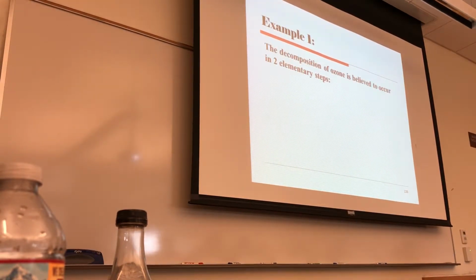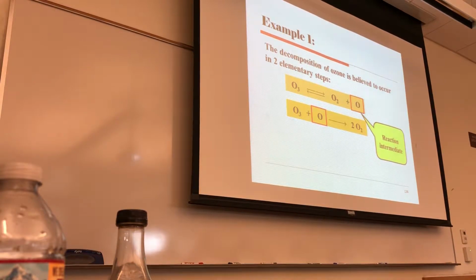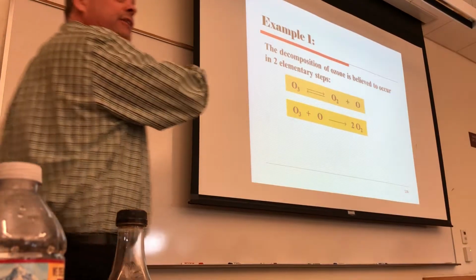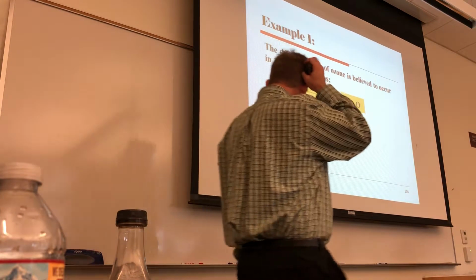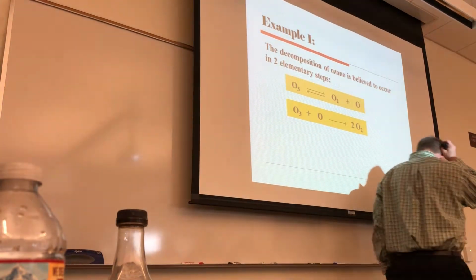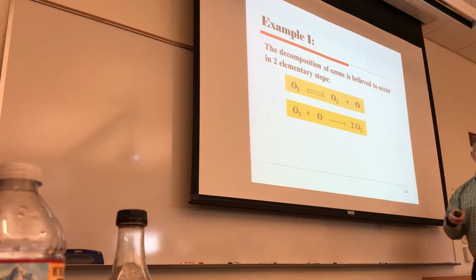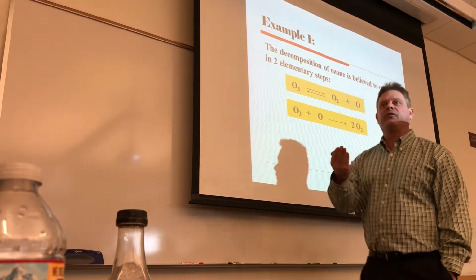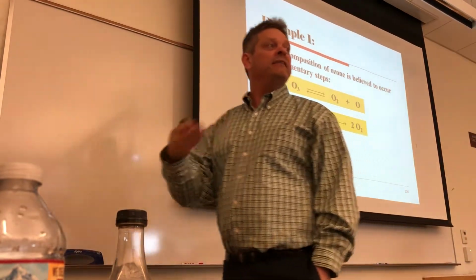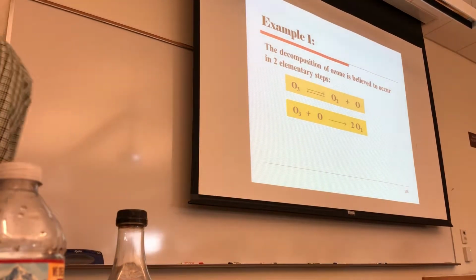So the decomposition of O3 is thought to occur in 2 steps. Oops, okay. So we didn't do this example? No. Okay. So this is an interesting example because this is something that you don't necessarily want to happen. And remember, I've talked a lot through this semester so far about how not everything is for a productive thing. Sometimes it's a destructive thing and it's not good necessarily.